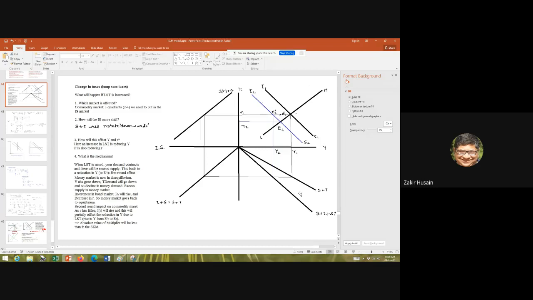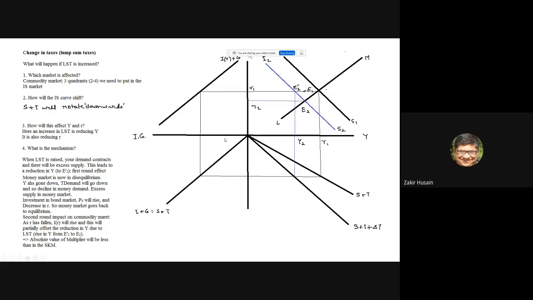What will happen is the multiplier will change slightly, but at this point it's not very important. And of course, we have an additional policy instrument, X goes up. So just as we have a G over here, we also have an X over here. So this will be I plus G plus X. And if you have an export promotion policy, the X line, the vertical line, will shift.